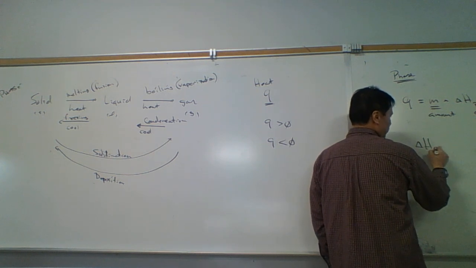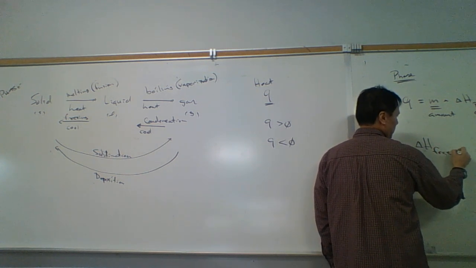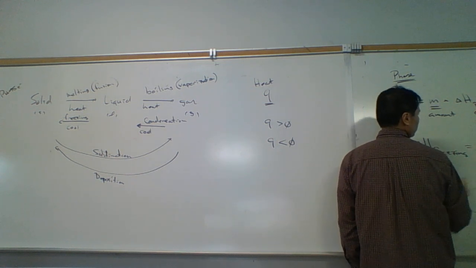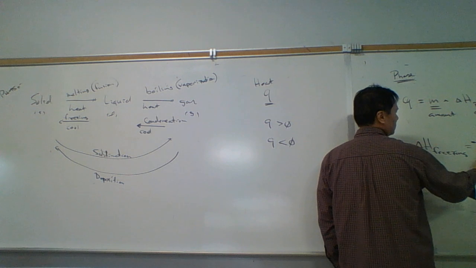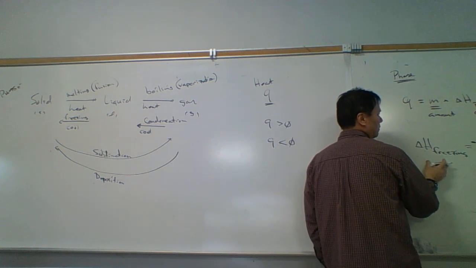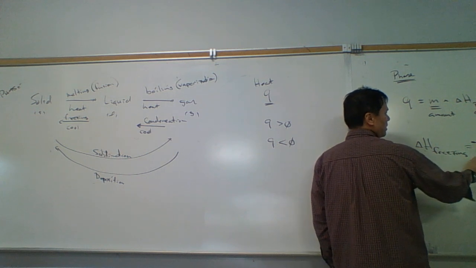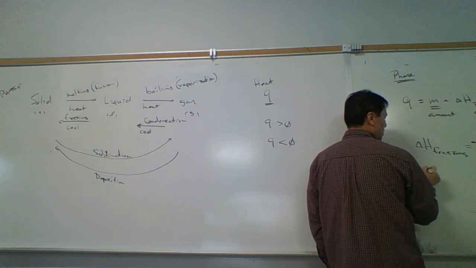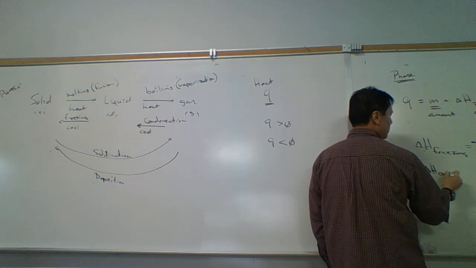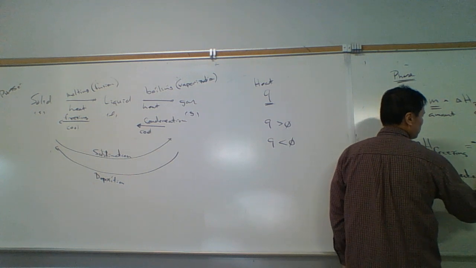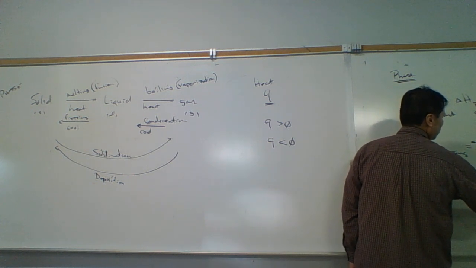Delta H of freezing is equal and opposite to delta H of fusion. So if it costs a certain amount to melt, then we're going to get that amount back when we freeze it. Let's say it costs $10 to melt, then we're going to get $10 back when it's frozen. Delta H of condensation is equal and opposite to delta H of vaporization.